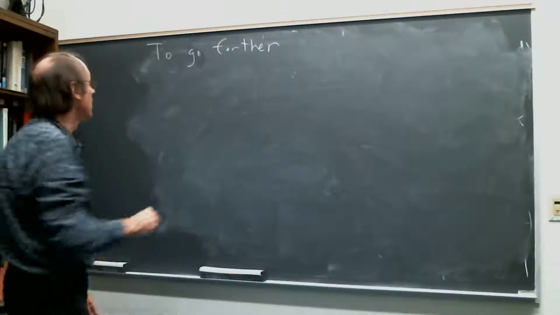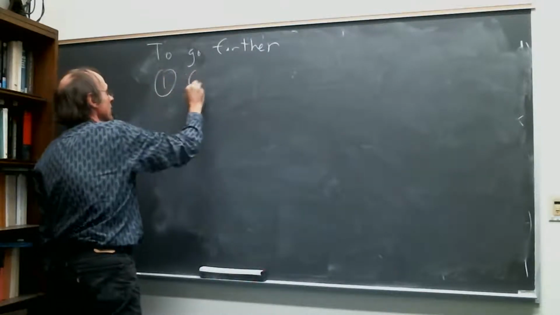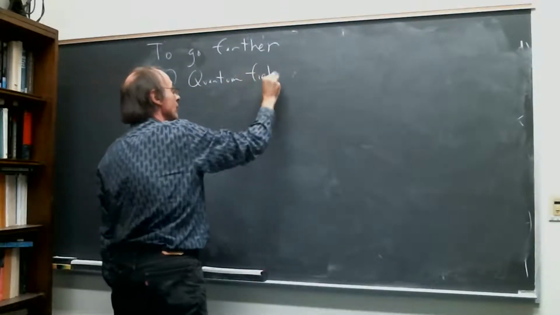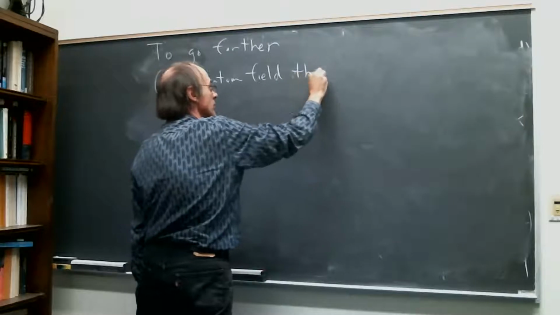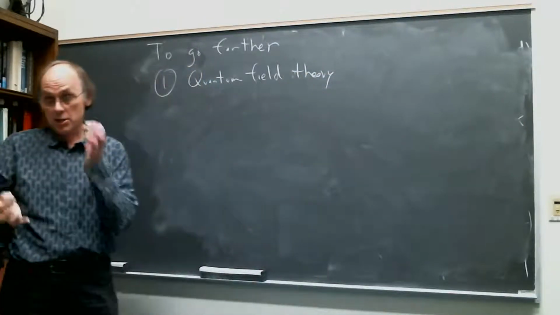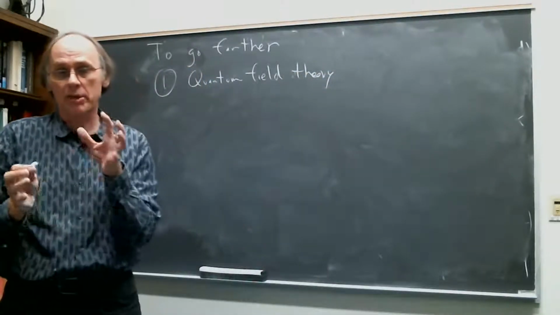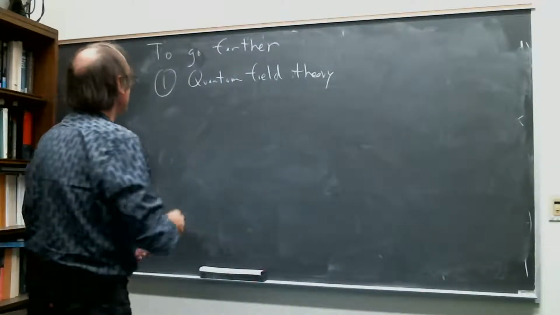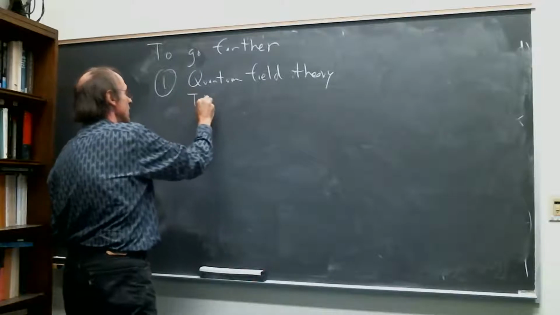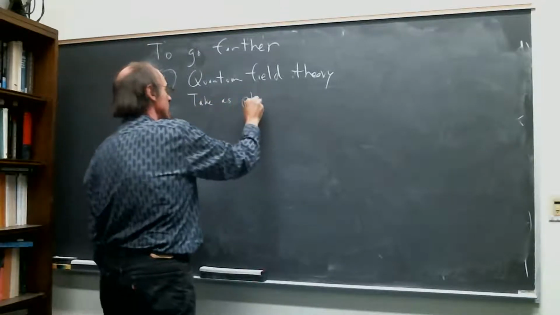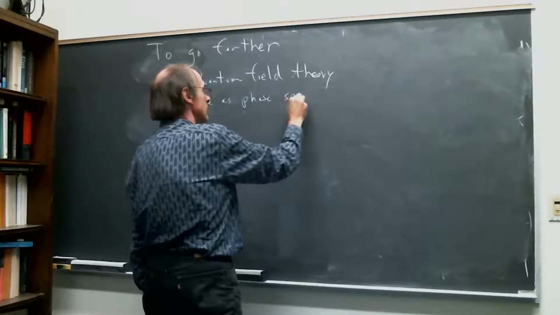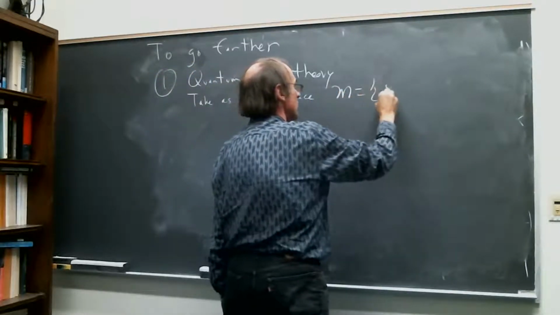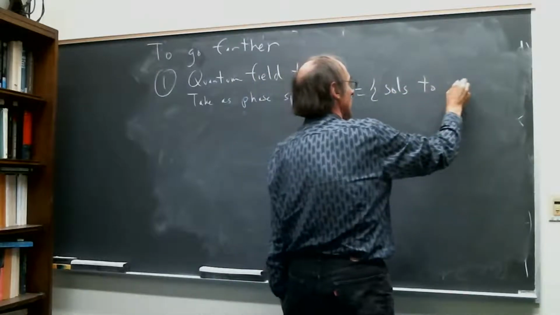So the first one is you want to go to a quantum field theory. If you want to find a theory that doesn't just describe a single particle moving around, but describes an arbitrary number of particles, the way to do it is you take as phase space solutions to a linear wave equation.